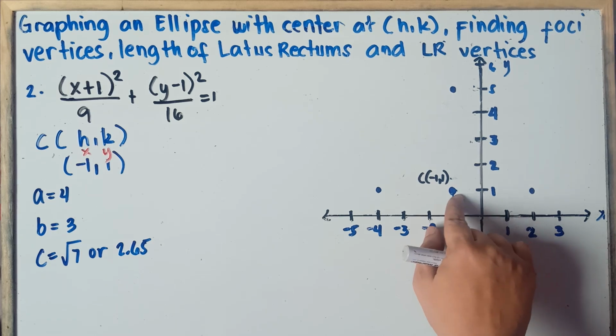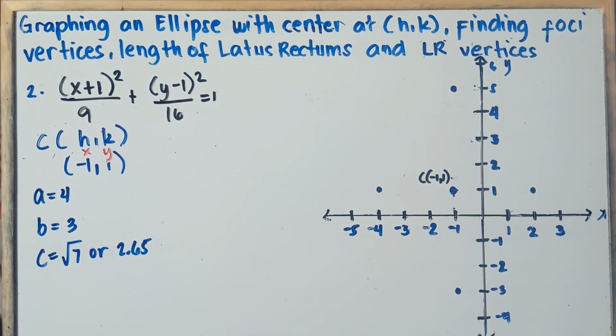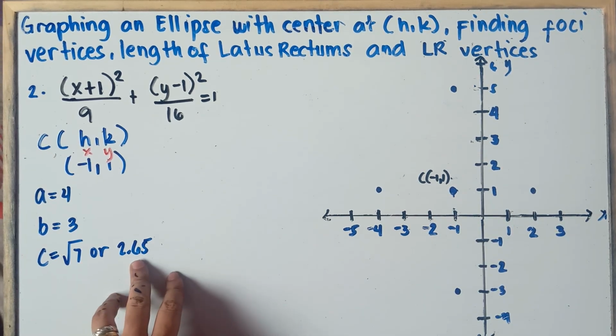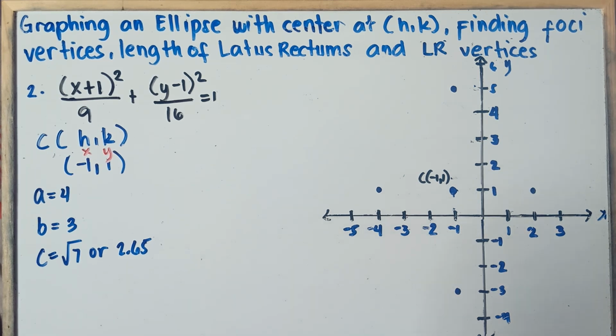Alright, and then our focus, class, once again, our c is 2.65. So you start at the center and then you move 2.65 units upward and then 2.65 units downward. Now you'll be asking again, sir, why is it upward and downward for the focus? Once again, class, the focus, or the foci, will be located on the major axis.